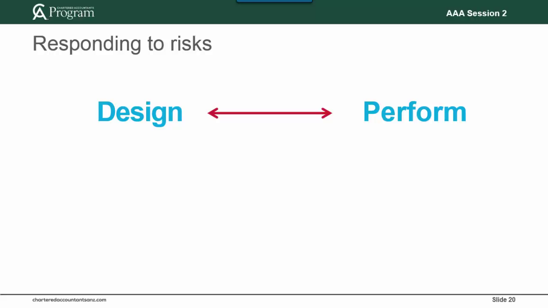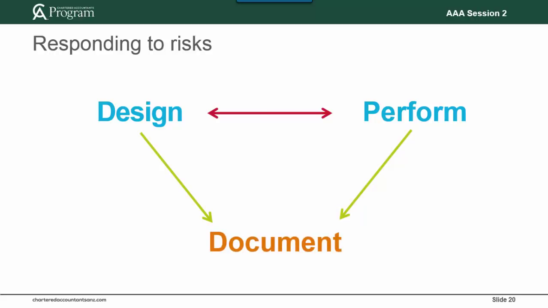While we're doing all of this, we're also documenting both the procedures and the results. At this stage of the audit process, the documentation on file needs to demonstrate that the audit was planned and performed in accordance with the standards and any applicable legal and regulatory requirements.